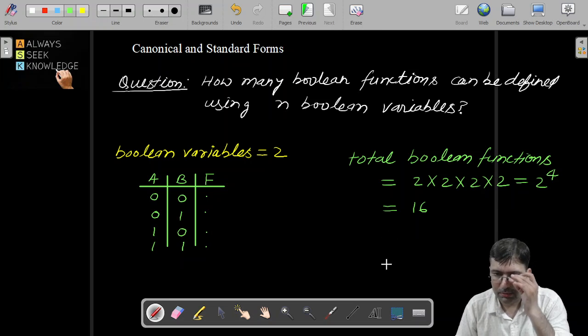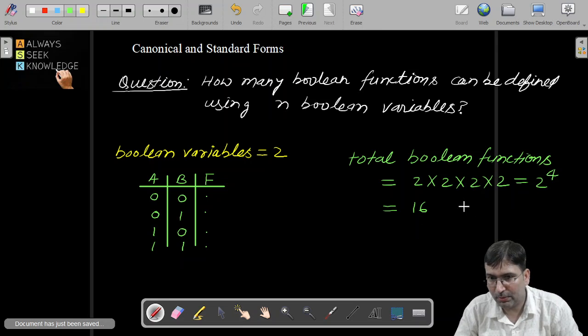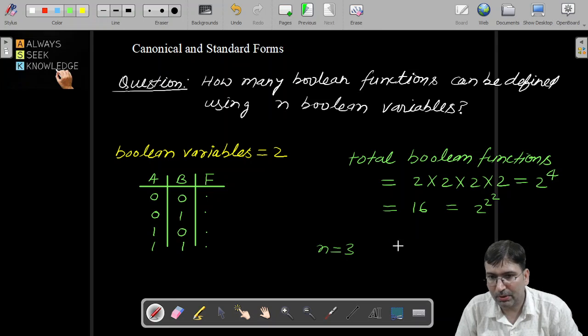So in short, if there are n number of Boolean variables, in case of two Boolean variables, this can be represented as 2 to the power 2, right? If there are three Boolean variables, so let's say the value of n is 3, then the number of Boolean functions, nf, can be represented as 2 to the power 3.